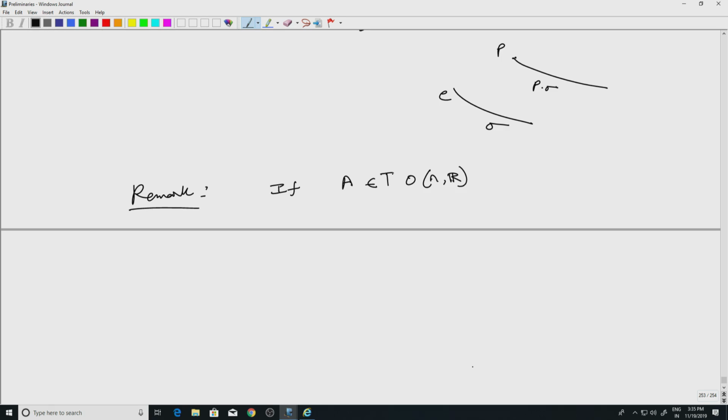The tangent space at identity to ONR, we have already seen what this is. It is usually denoted by small o, but with my notation it's hard to distinguish, so I'll just write: the space of skew symmetric matrices.